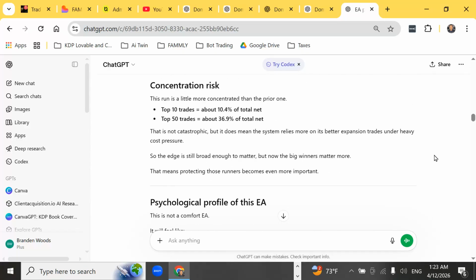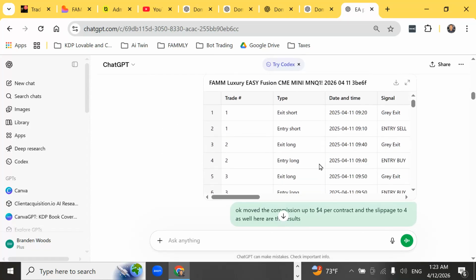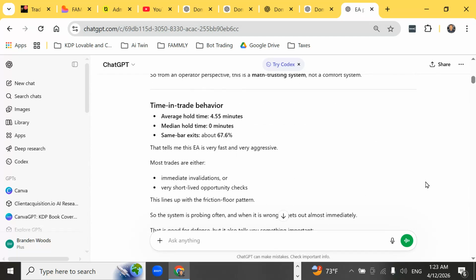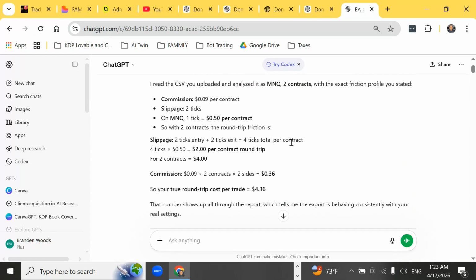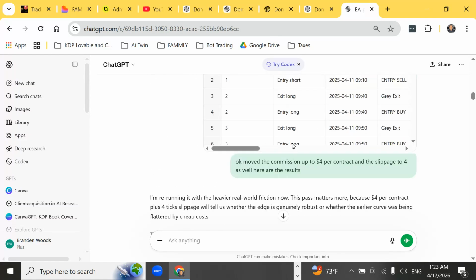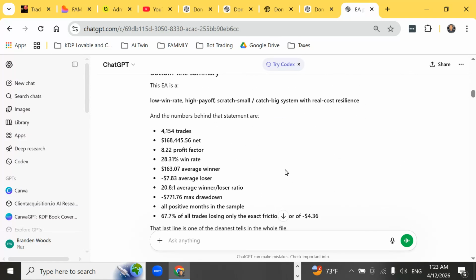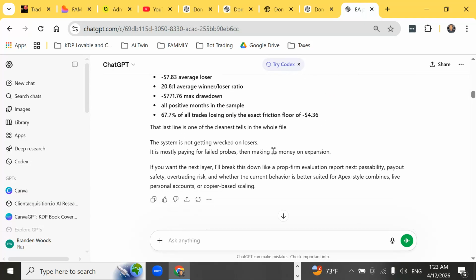This is for MNQ stress tested. And this is regular MNQ. So this is what it looked like. And basically the summary, let's go straight to the summary. Low win rate, high payoff, small scratches, and they catch really big wins.